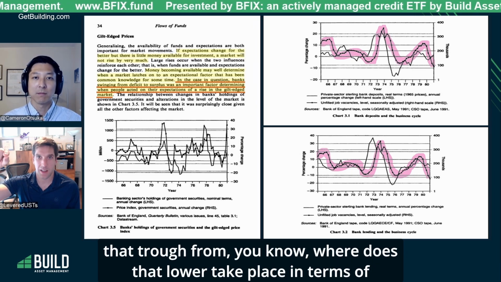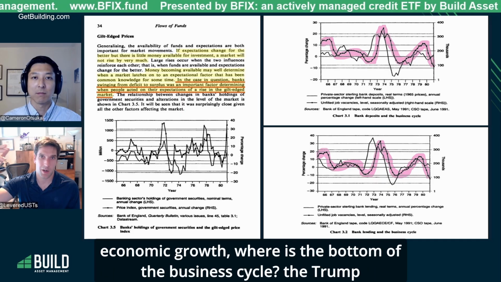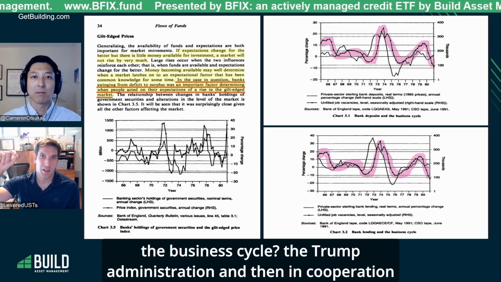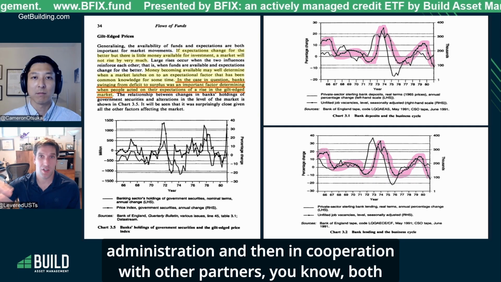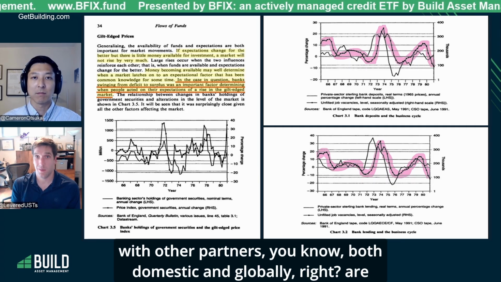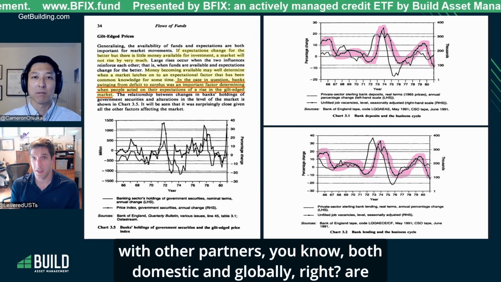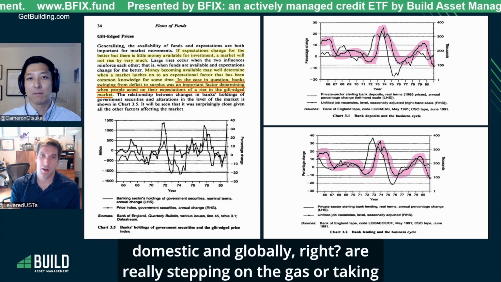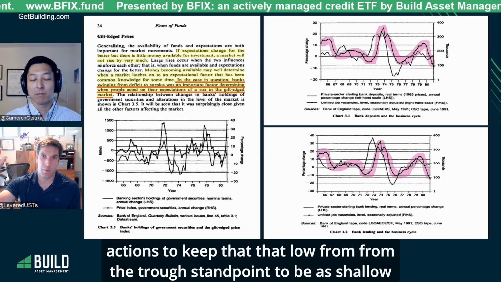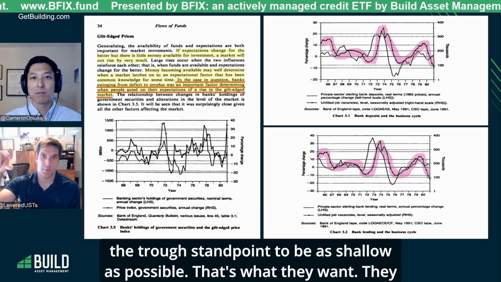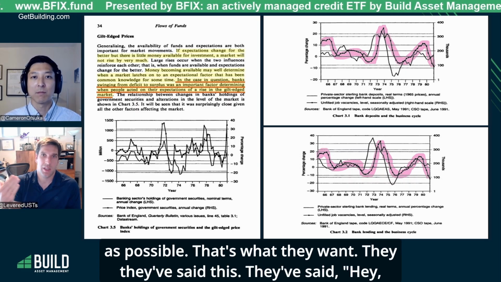Where does that lower low take place in terms of economic growth? Where's the bottom of the business cycle? The Trump administration, in cooperation with other partners, both domestic and global, are really stepping on the gas, taking actions to keep that low from the trough standpoint to be as shallow as possible.